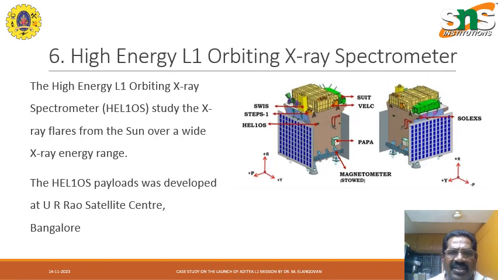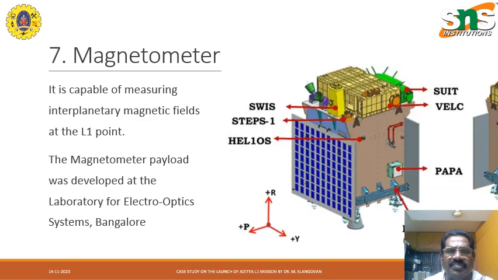The High Energy L1 Orbiting X-ray Spectrometer, or HEL1OS, pronounced like Helios, studies the X-ray flares from the sun over a wide X-ray energy range. It was developed again at the U R Rao Satellite Centre, Bangalore.